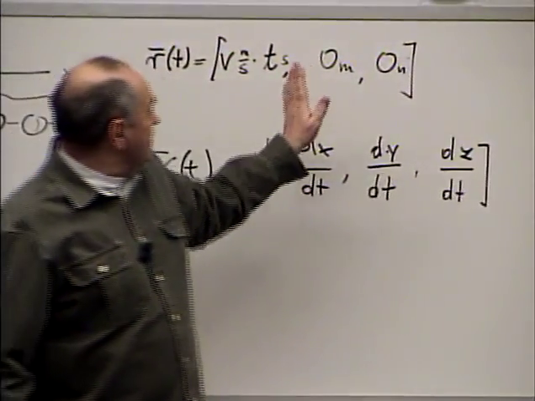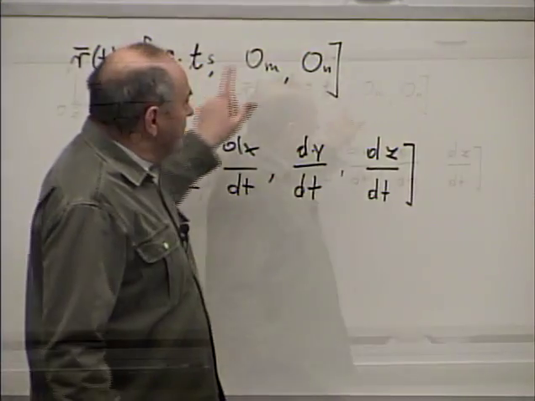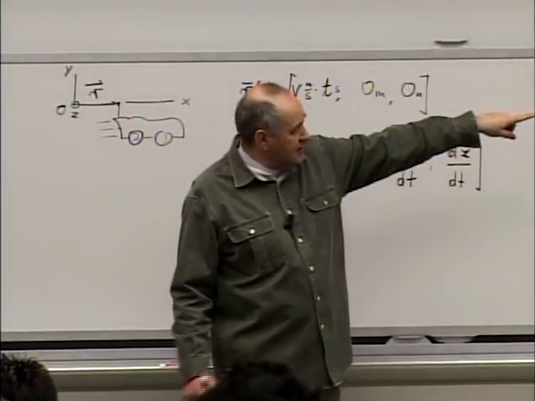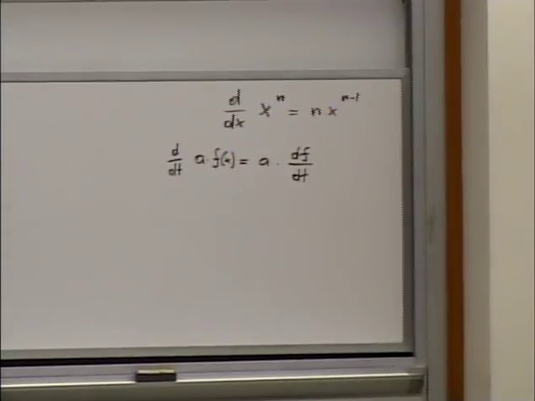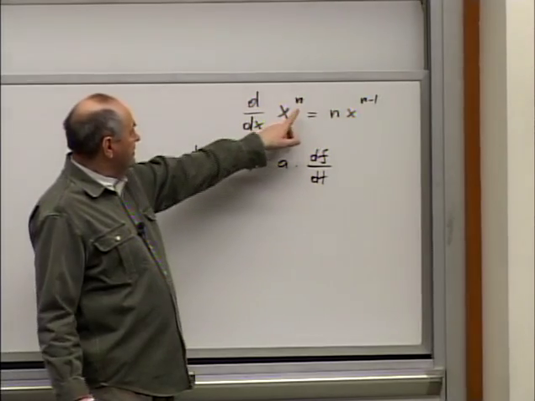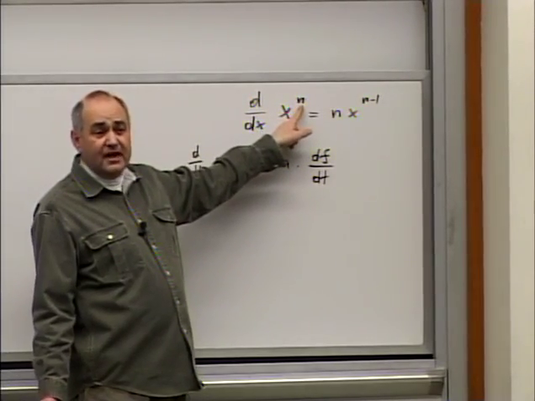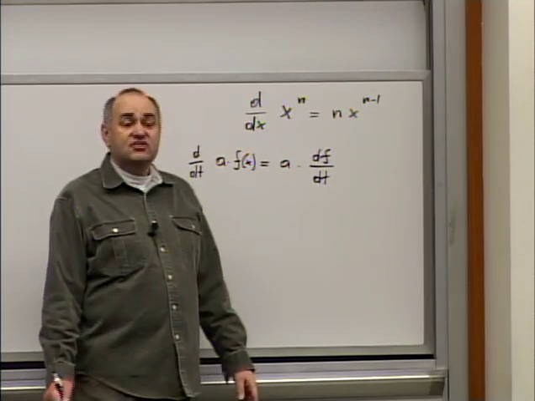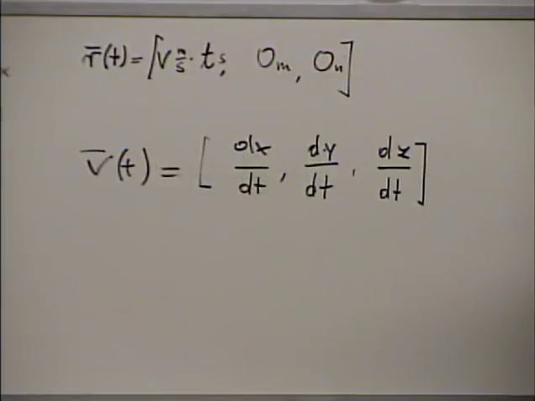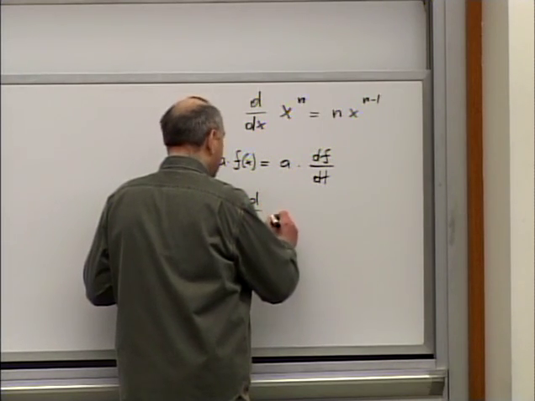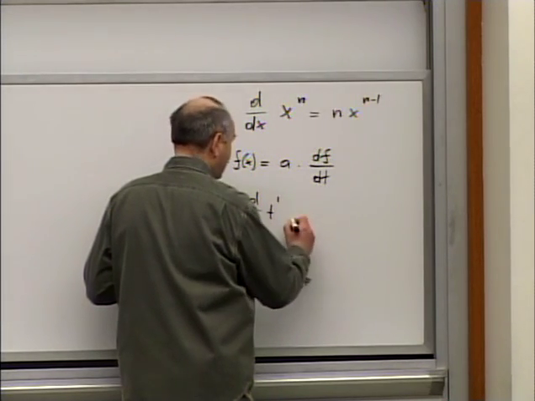So if I think now that x, if I substitute t for x over there, what would be n in our function? Just 1, correct. So it's like calculating d over dt of t to the power of 1.